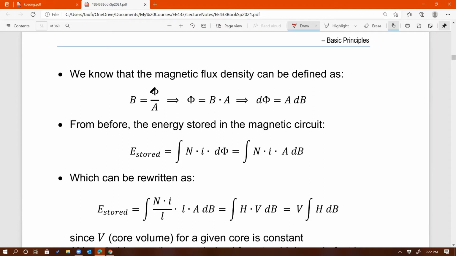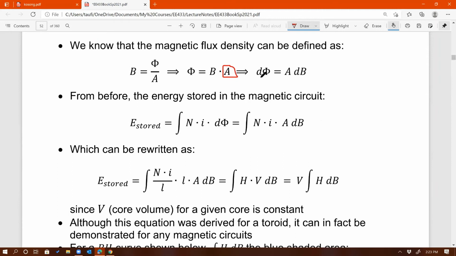And so therefore flux is equal to B times A. So the first derivative of flux is equal to the first derivative of B times A, and A is constant. Okay, so now I have d phi is equal to A dB.